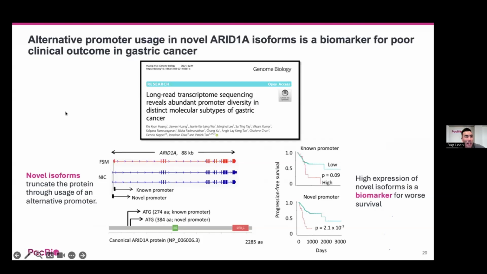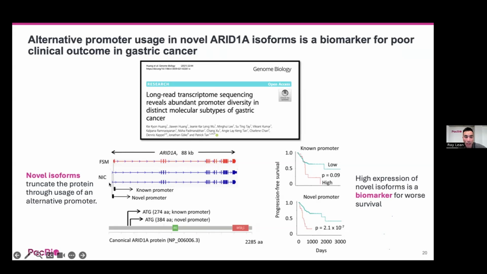Okay. So I think the main message from this particular slide is that they were looking at gastric cancer. They used our long read isoform sequencing to look into this gastric cancer, and they found two new isoforms for this ARID1A gene.